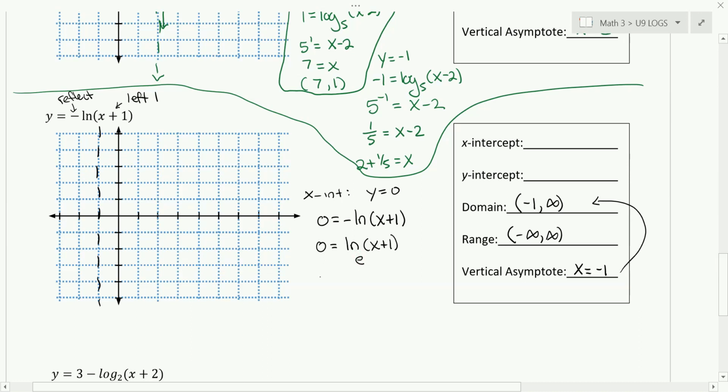So when I change it into exponential form, I get e to the power of 0 is x plus 1. Anything to the power of 0 is 1. And then I subtract 1 and I get 0 is equal to x. So y is 0 and x is 0, so my x-intercept is 0, 0.